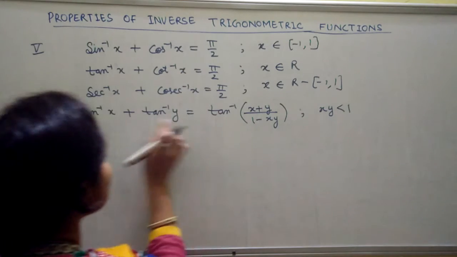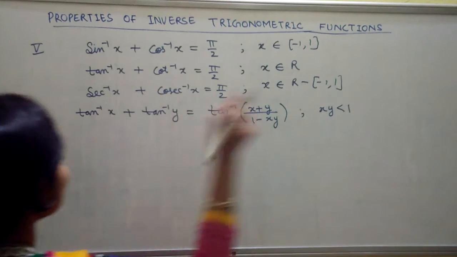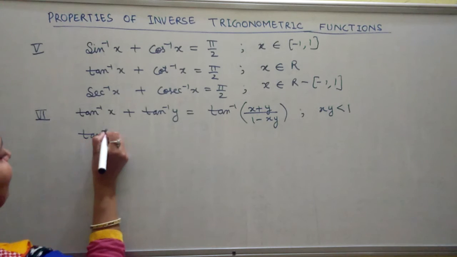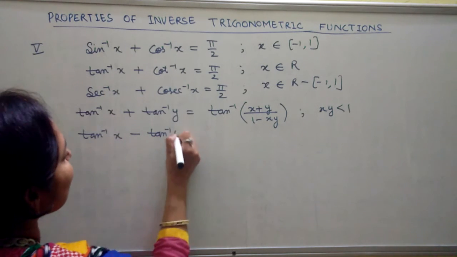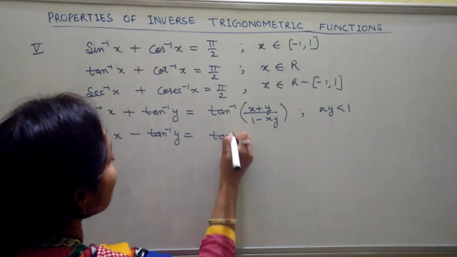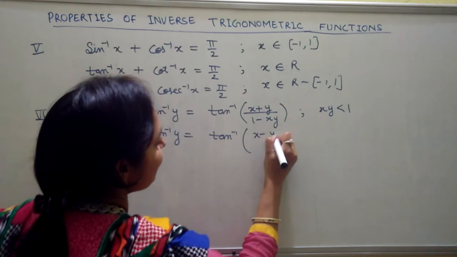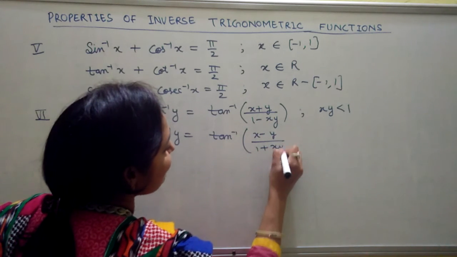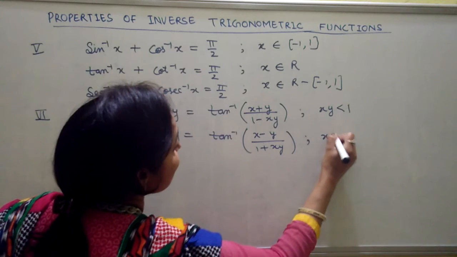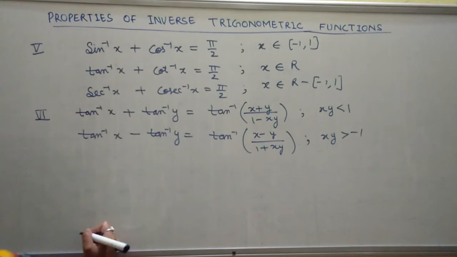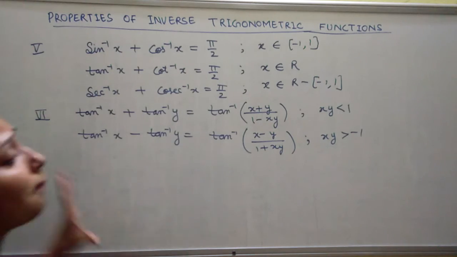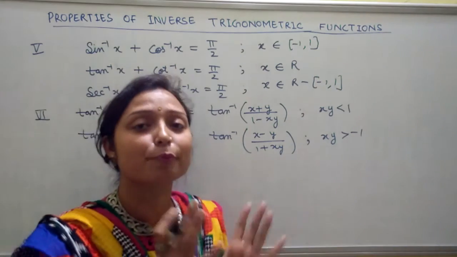Their product should be less than 1. The second part of the 6th property is tan inverse x minus tan inverse y, which is tan inverse of (x minus y) upon (1 plus xy), and the condition this time is xy greater than minus 1. So this is the 6th property, the most used property.